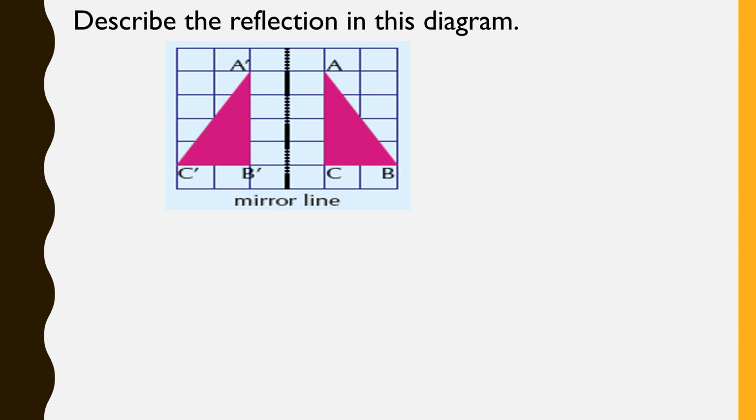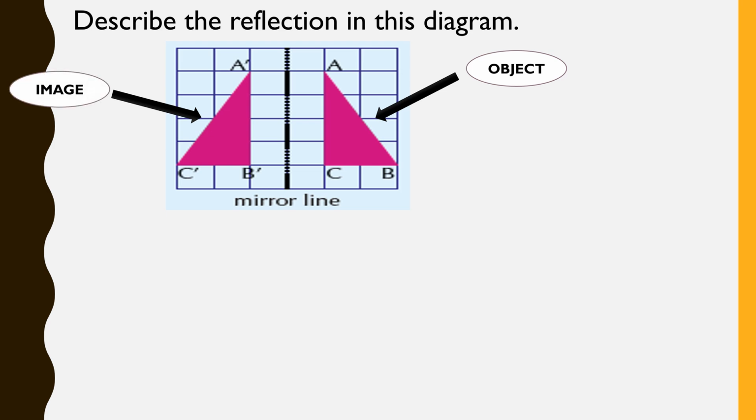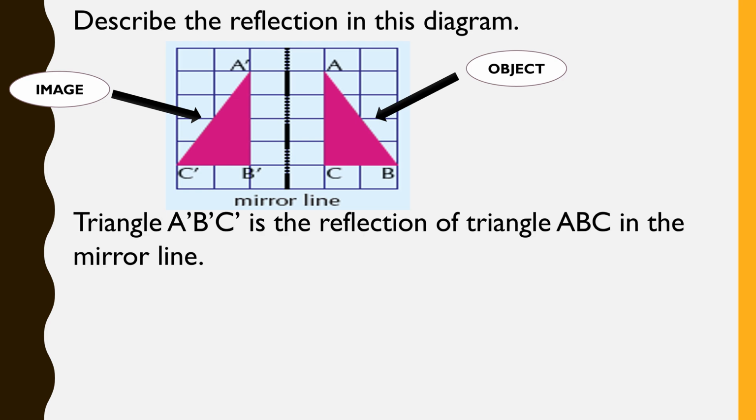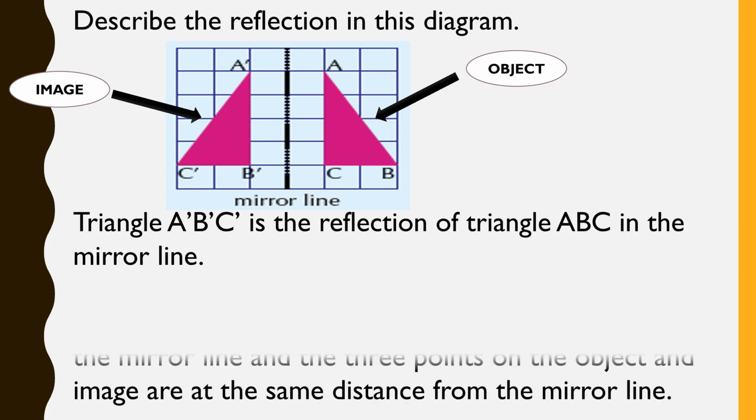So I want to describe the reflection in this diagram. You have the object on your right hand side, A, B, and C with 3 vertices, and you have the image also on your left hand side being reflected over a mirror line. So the triangle A'B'C', which is the image, is the reflection of triangle ABC in the mirror line, as you can see.